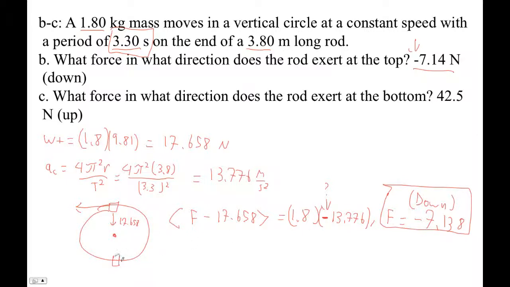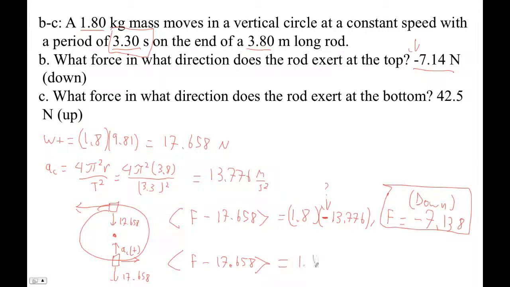Okay. At the bottom, we're going to be accelerating toward the center, but now the center is above us, so our acceleration is positive, right? So we set the same thing up. We still have gravity acting down on us, 17.658. Right, so we go force minus gravity, 17.658.